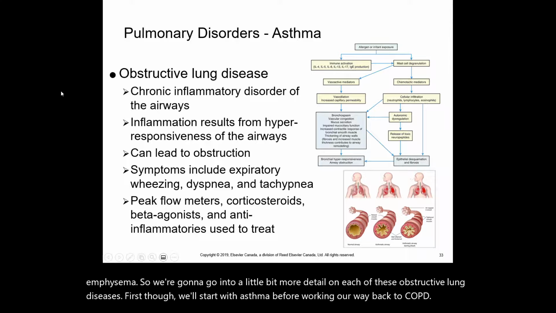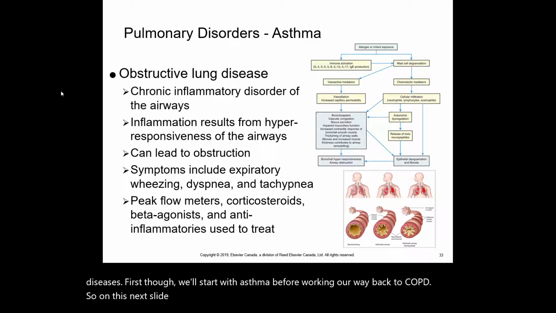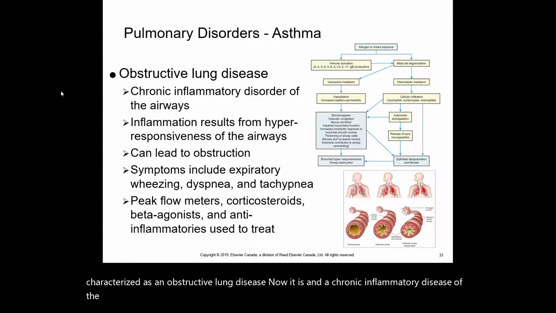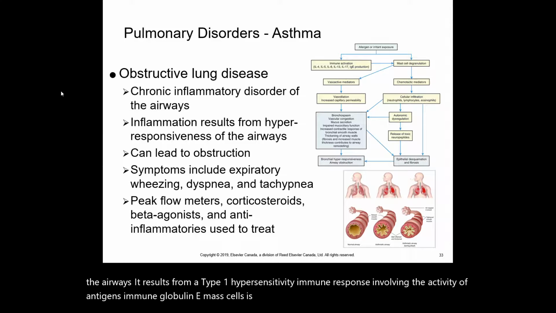So on this next slide, we're looking at asthma, once again characterized as an obstructive lung disease. Now, it is a chronic inflammatory disease of the airways. It results from a type 1 hypersensitivity immune response involving the activity of antigens, immunoglobulin E, mast cells, eosinophils, and other inflammatory cells and mediators.